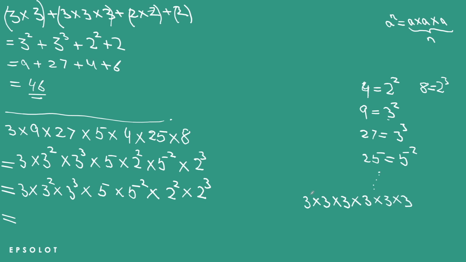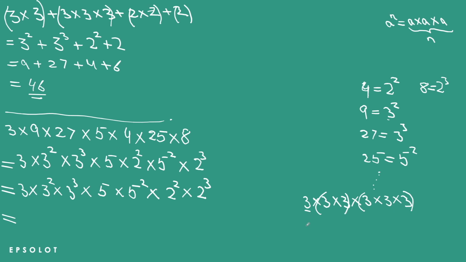This is the expanded version of these three terms. So you had the 3 that's there, 3 squared, that is 3 times 3, and then 3 cubed, that is 3 times 3 times 3. That's kind of a tongue twister, isn't it?